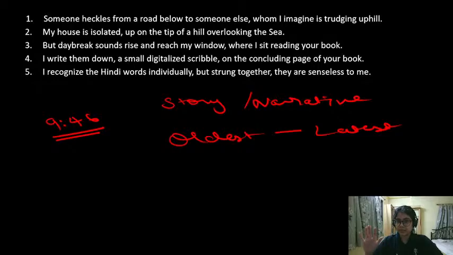I would say this is a very easy question. There are a lot of grammatical hints that you can use to make pairs. So try making the pairs first. There's definitely a story here. There are certain events that are happening.